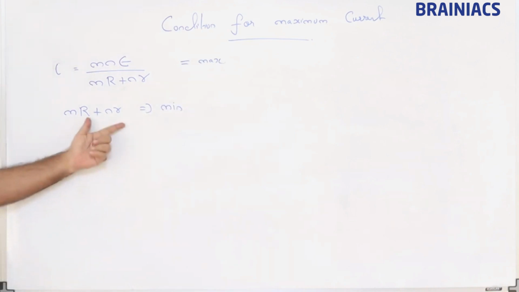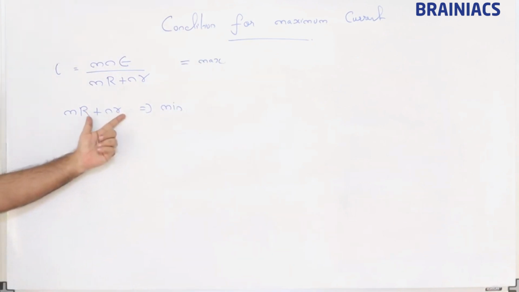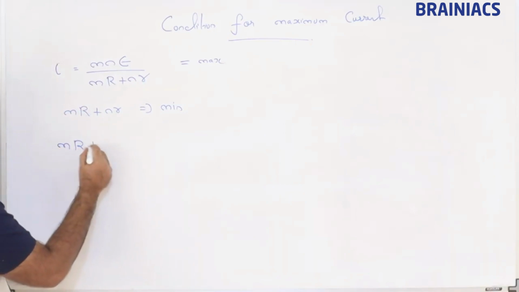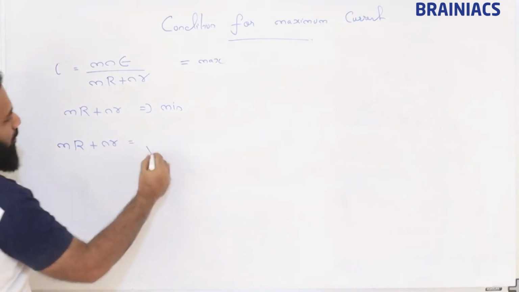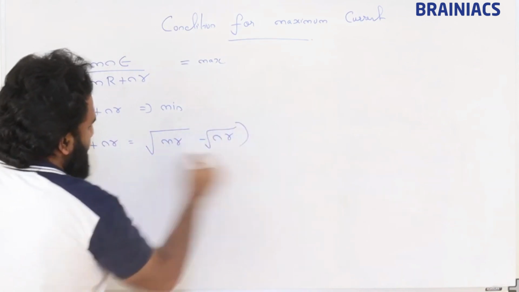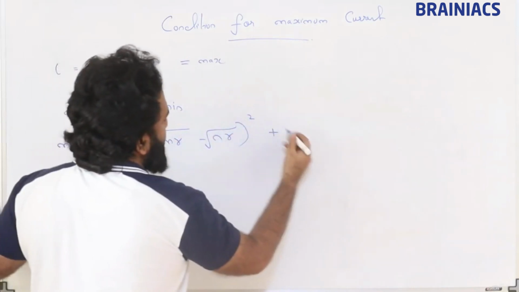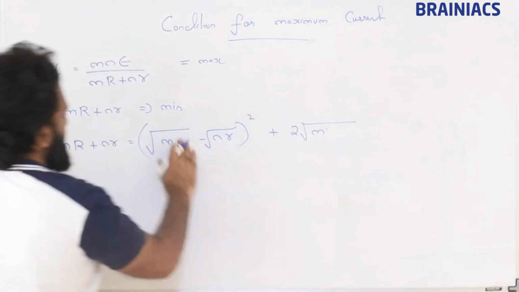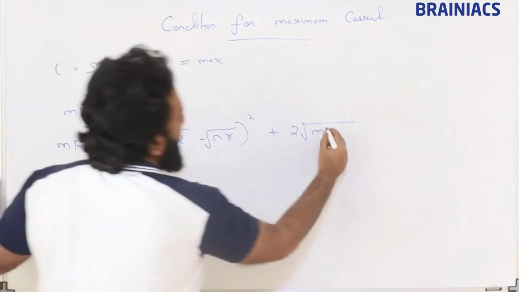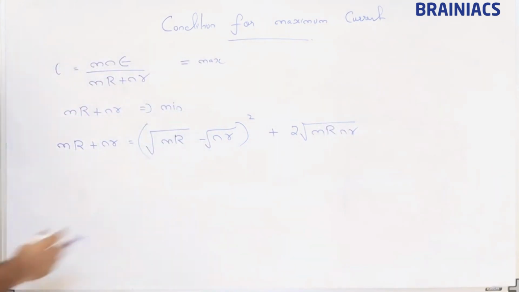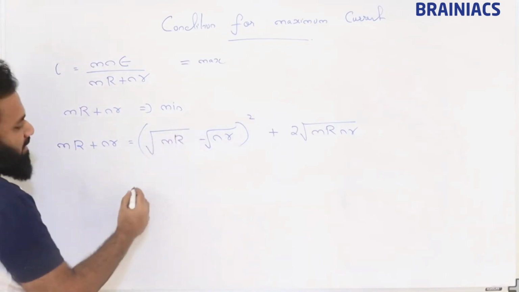Okay, so what is the condition for maximum current? We will have to derive it mathematically. See, MR plus NR is equal to root of (MR minus NR) whole square plus 2 root MR NR. Can we write like this? If you have doubt, we should expand this and see.